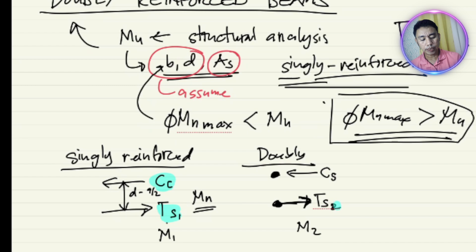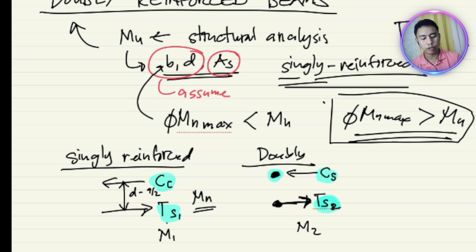Second couple is tension steel 2. So may additional tayo na rebar. Okay? Yung TS2 is aside pa yan siya sa TS1. Okay, additional pa yan siya. And then, kung ano yung idinagdag natin sa TS2, yun rin yung dapat idagdag sa compression steel dito sa taas.